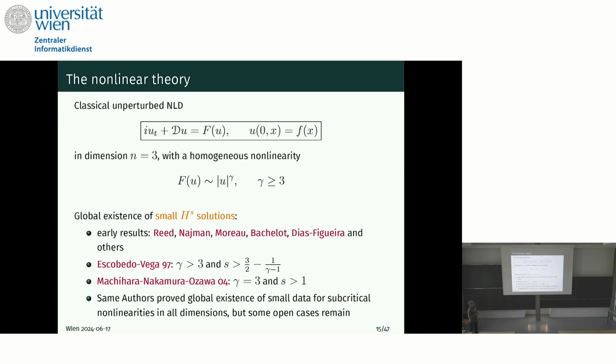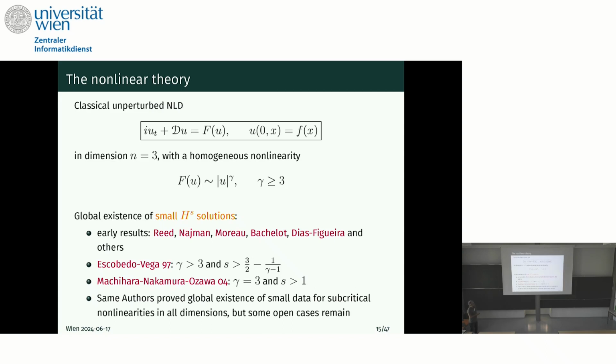So for instance, the natural problem is in the scale of Sobolev spaces, and there are some early results. There is a first comprehensive result in dimension 3. There is a standard way to find the critical value of the index s, and above s you have well-posedness, at least local well-posedness or global well-posedness with small data. Below you have ill-posedness and so on, the standard facts.